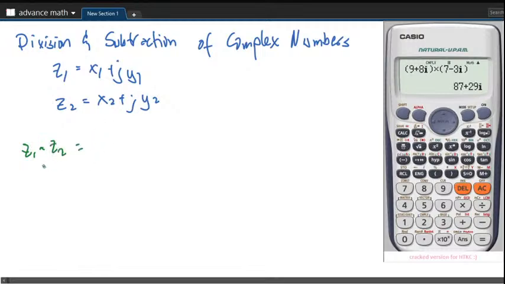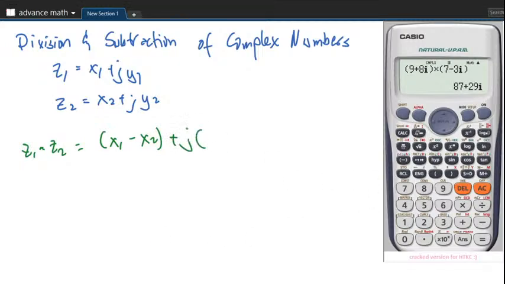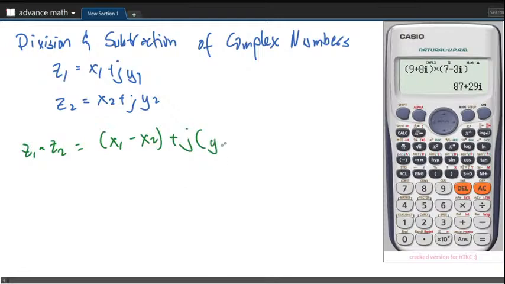Of course, subtraction is just the opposite of addition, so we could have this one as x sub 1 minus x sub 2 plus j times y sub 1 minus y sub 2. So this is very easy. We just change the formula for our addition into minus, the symbol for subtraction.